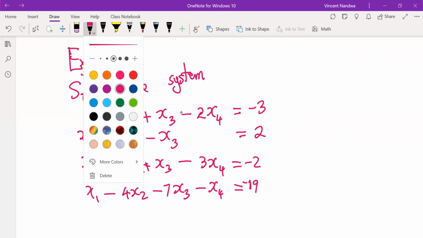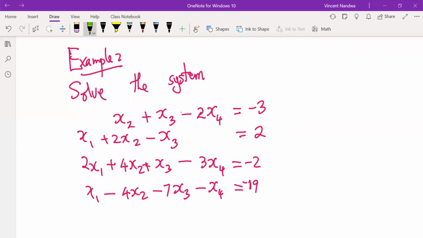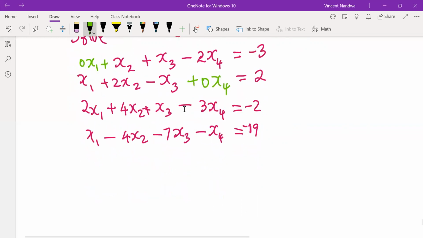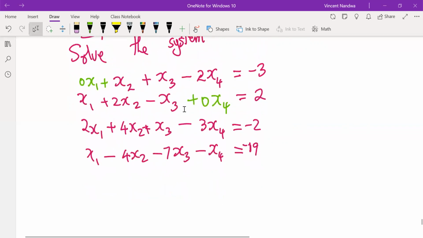As I've said earlier, you ensure that each equation has all the variables being considered. Here we have 4 variables. So we can write the first equation as 0x1 plus x2 plus x3 minus 2x4, and the other one you add x4, so that it becomes easy to write the system in augmented form.